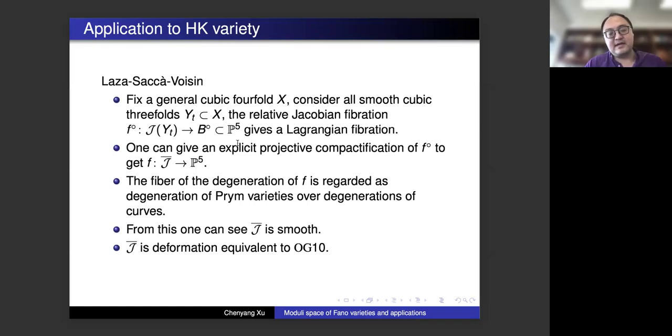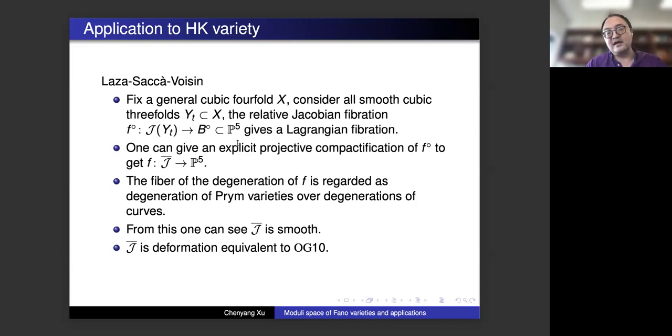Actually, if you think about this, you have to study the degeneration of Fano threefolds, and you might want to study the degeneration of intermediate Jacobians of the Fano threefolds. But for higher dimensional varieties, the degeneration of intermediate Jacobians seems to be quite difficult. So what they observed is that this degeneration process is basically exactly the same as the degeneration of some Prym variety together with some degeneration of curves, if you find the curve and the Prym variety correctly.